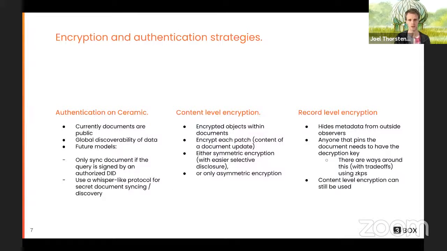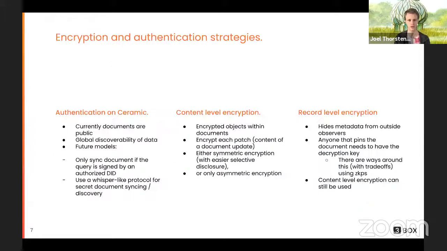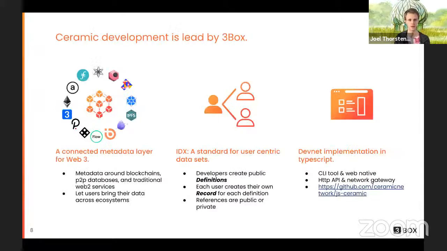All right, so here's a bunch of stuff on encryption. I'm not going to dive super deep into this because it gets into the weeds. But in general, you can think of Ceramic as a metadata layer for Web3.